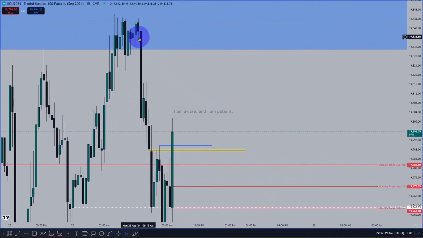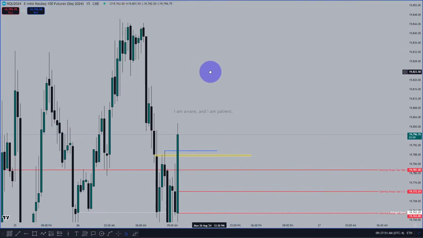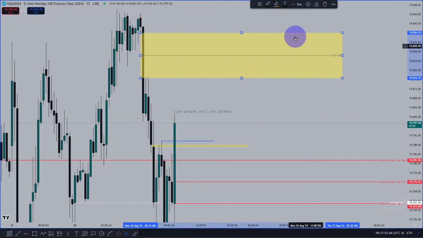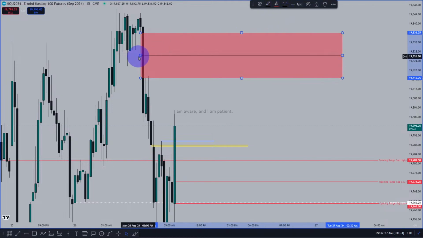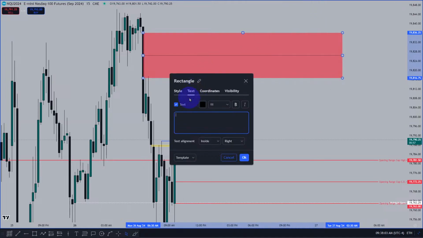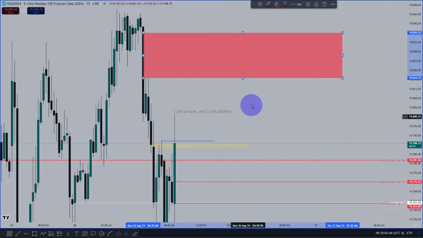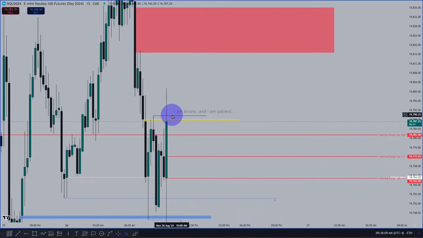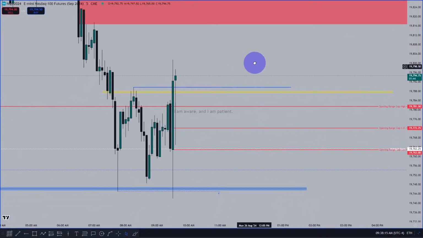I mean, until we get to this gap, I want to take this big blue box off, and I want to actually draw this big gap here. Just like that. Take off the middle line, there we go. So it's the level I'm going to be watching out for, and we're going to see how price wants to close on this level, if it wants to respect it or not.